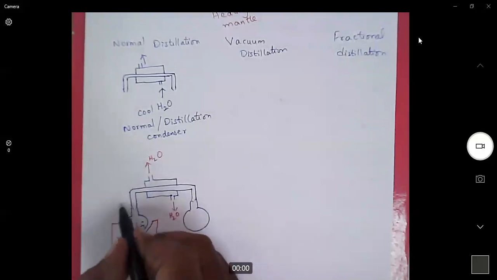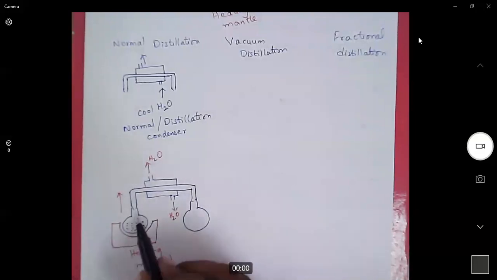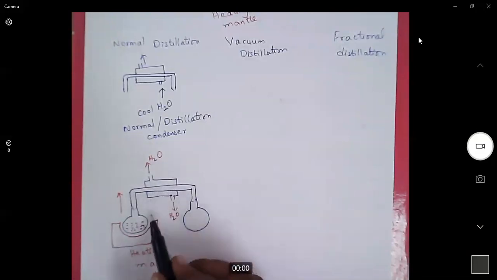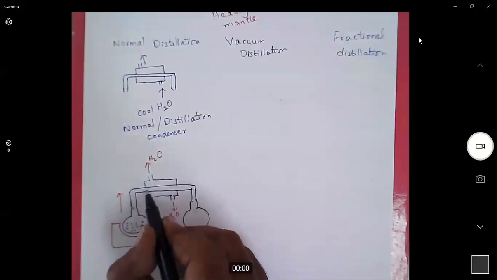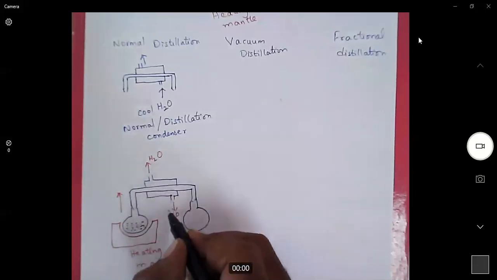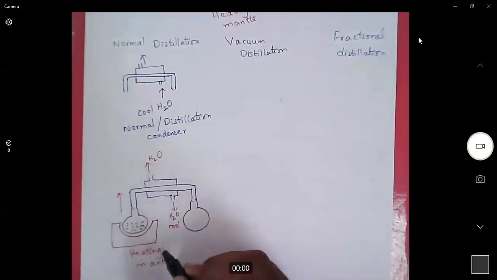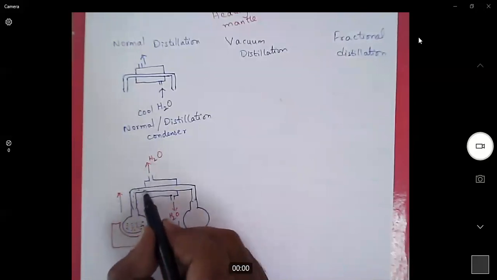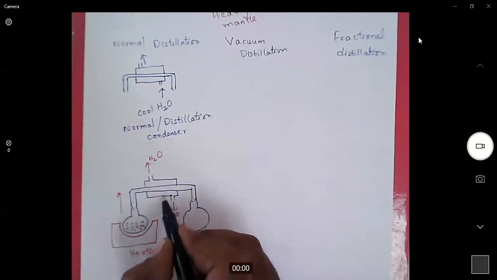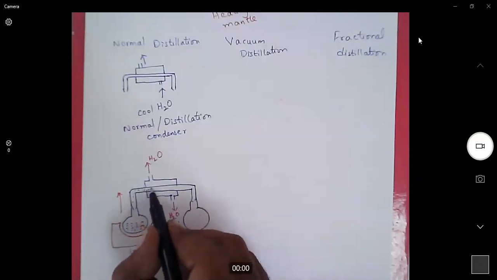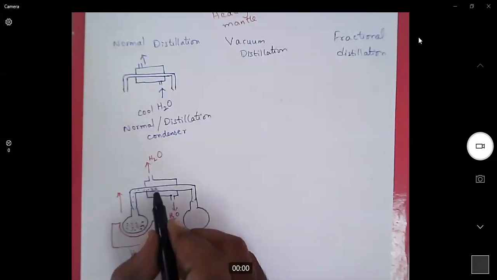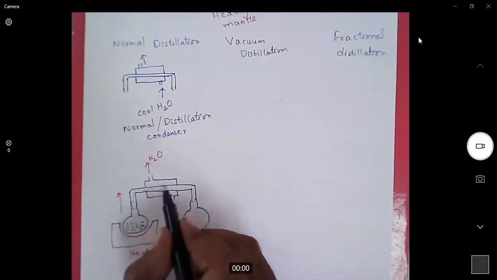When the vapor is generated, it will pass through this glass tube. Now, when it enters this region, we are supplying cool water. So when vapor enters here, whatever higher energy the vapor carries will be transferred to this cooling system.